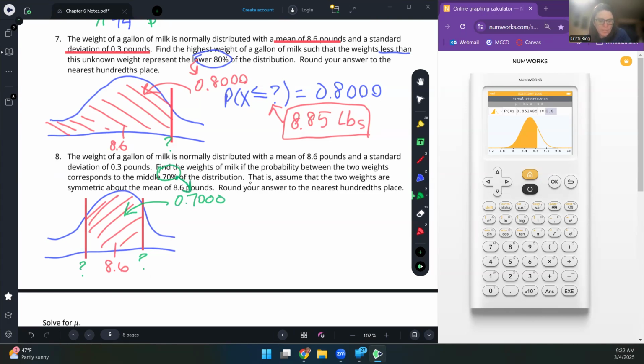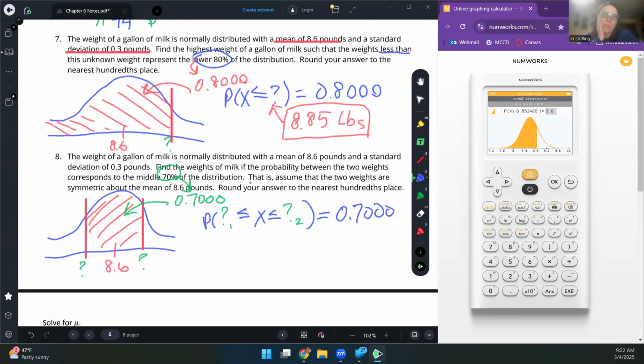So there is my 70%. So I'm trying to figure out the probability that question mark 1 is less than or equal to X is less than or equal to question mark 2. All of that equals 0.7000.